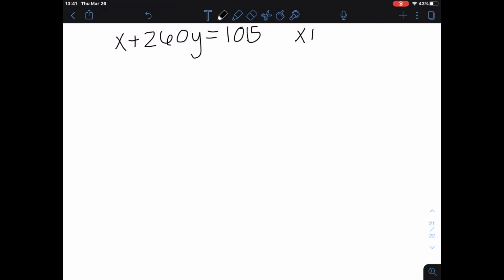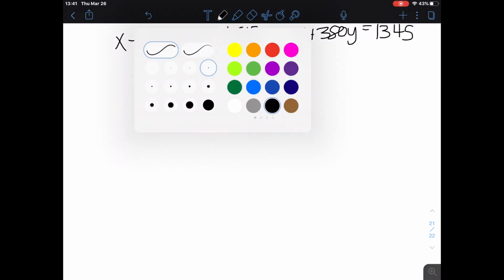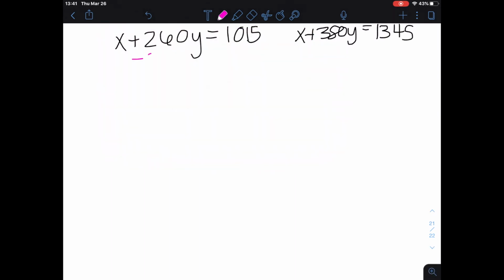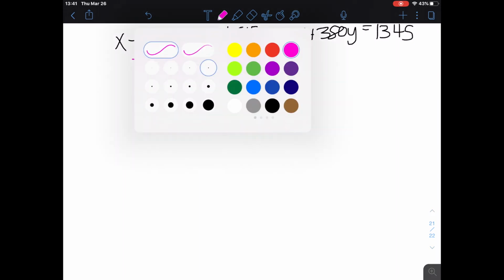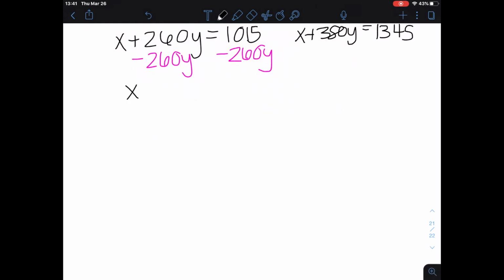And then we've got X plus 380Y equals 1,345. If we solve the first equation for X, we just subtract 260Y from both sides. So X is equal to 1,015 minus 260Y.